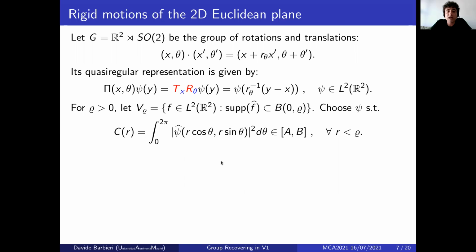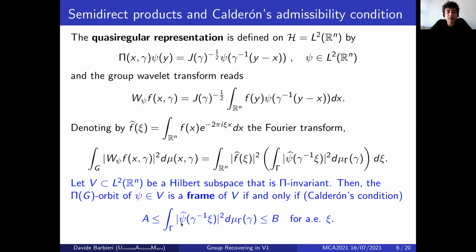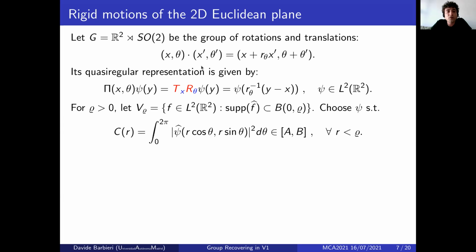And then at that point, one can find, for a given A and B larger than zero and finite, a psi such that this function C, which is the Calderon function that we had here for the group of rotations and translations, is in this interval.